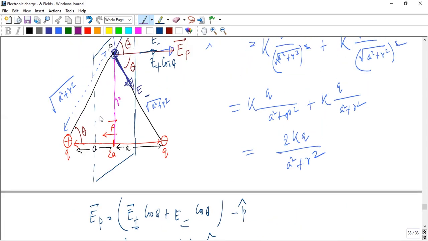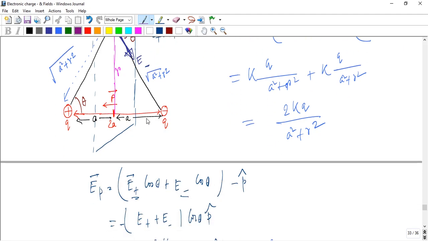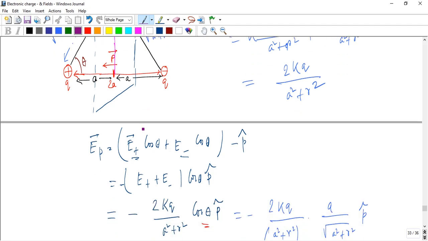If p is from minus to plus, then the field is in the opposite direction, and the dipole moment vector. If the distance is 0, then 0 into something gets 0, and that something we get at infinite. The dipole moment vector is infinite. Such a dipole is called a point dipole.